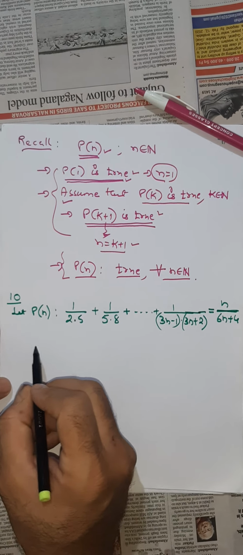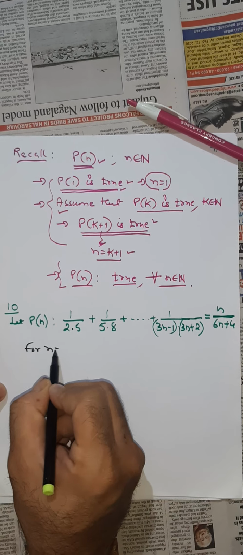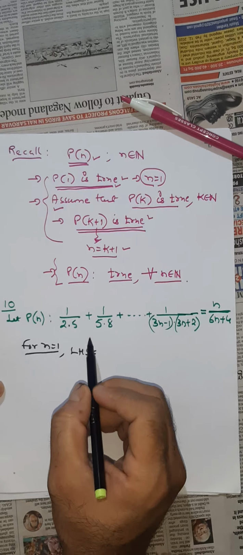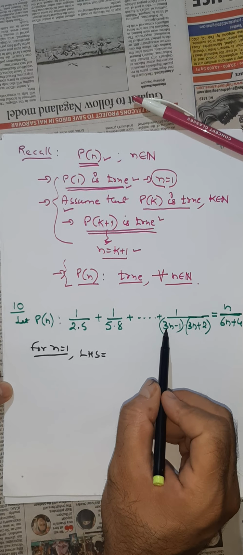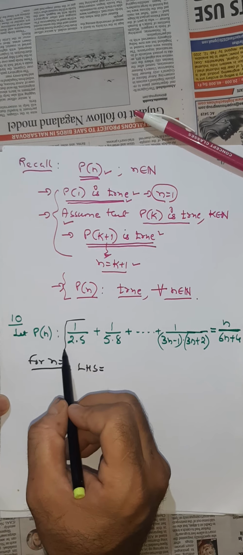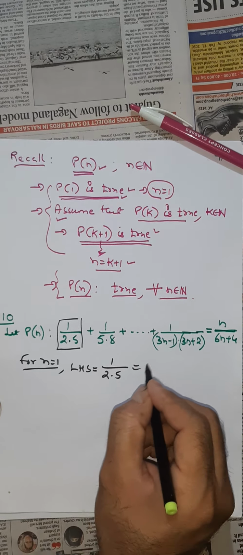So what's the first step? For n equals 1, write LHS. What's LHS? Put n equals 1. So if I put 1 here, this is 2. And if I put 1 here, this is 5. So this much only. That is 1 upon 2 into 5, which is 1 upon 10.